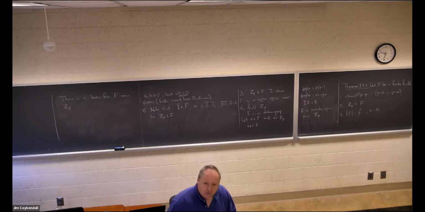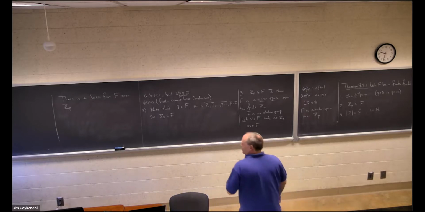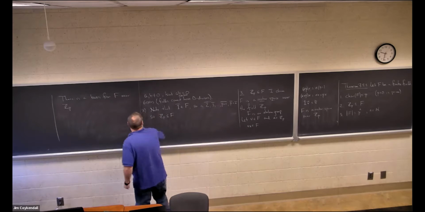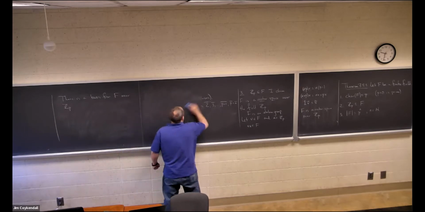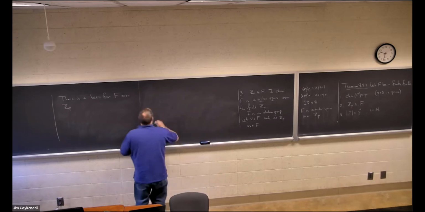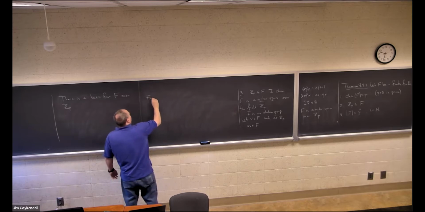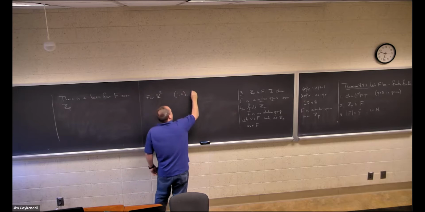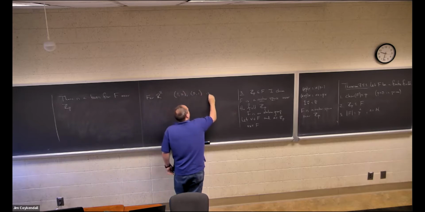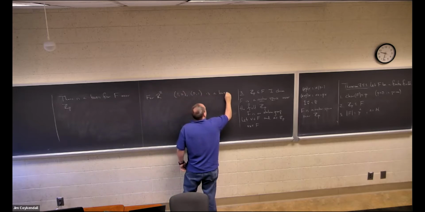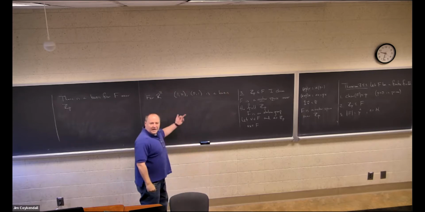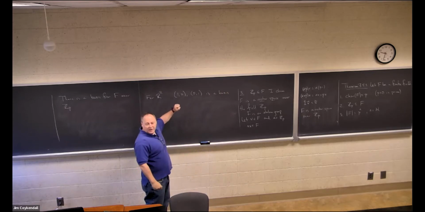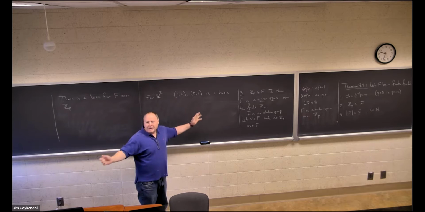So, for example, in R2, we'll do a quick review here. Take your favorite 2-vector, (a, b).